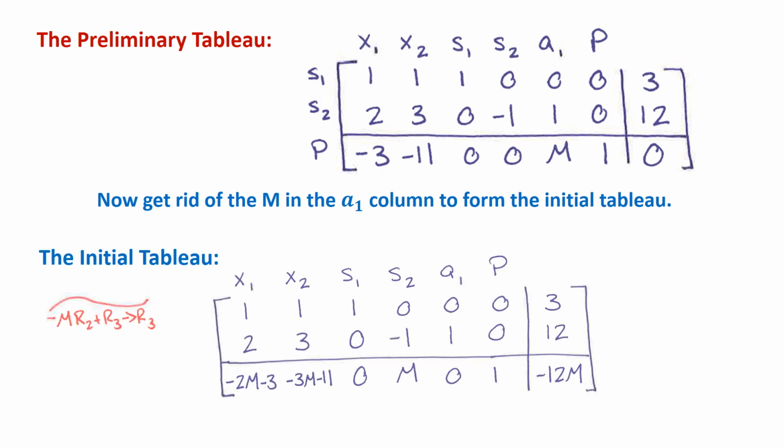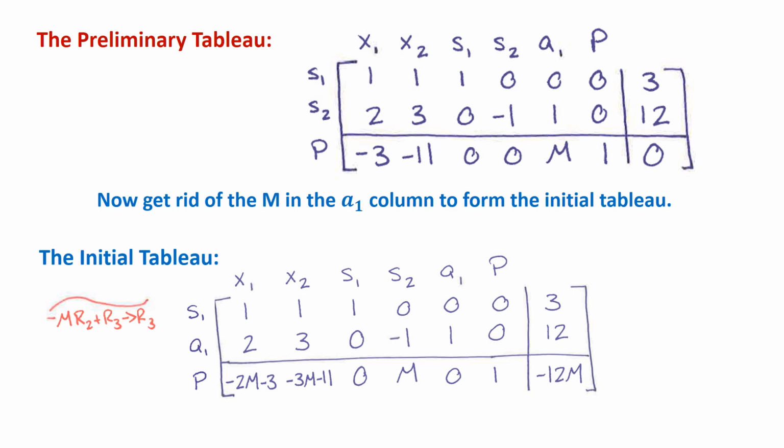So we multiply row 2 by negative m, add it to row 3, and that gives us a new row 3 with values negative 2m minus 3, negative 3m minus 11, 0, m, 0, 1, negative 12m.